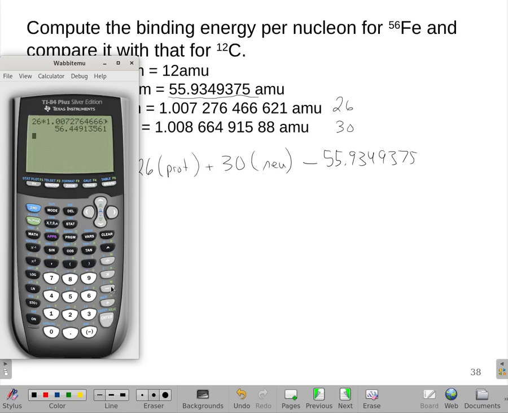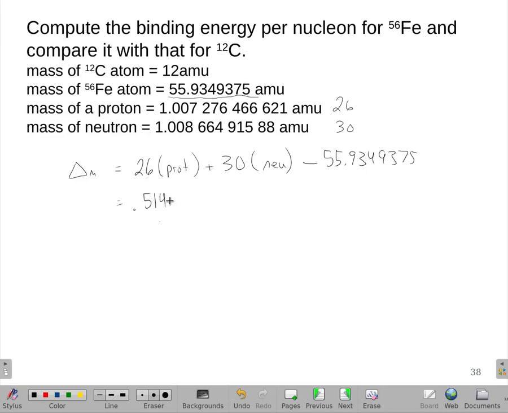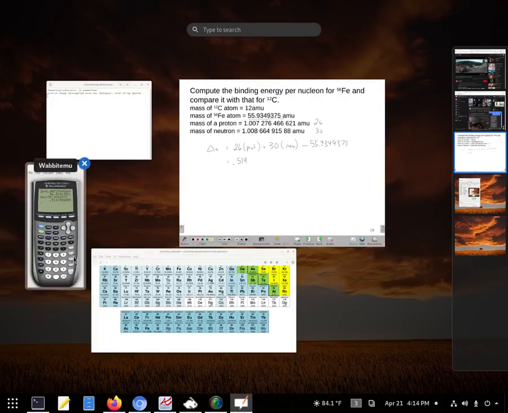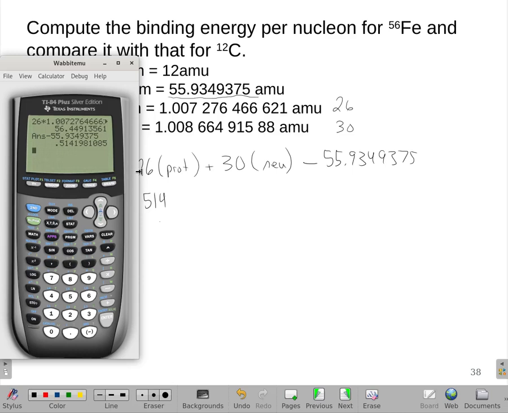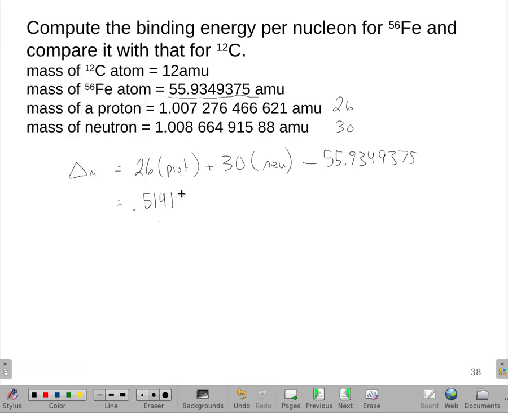Gives me this big number. Subtract that from 55.9349375. Gives me 0.514198. Obviously I have more digits, but I'm actually going to just use those. Alright, that's the mass difference.